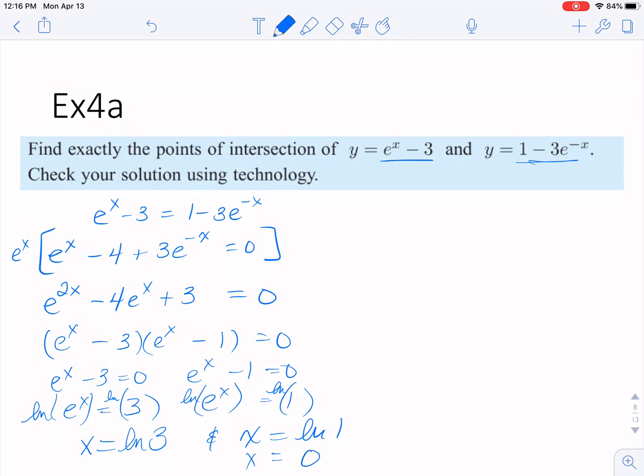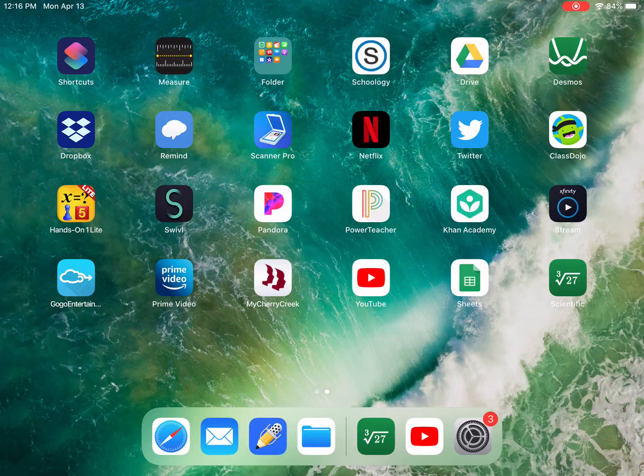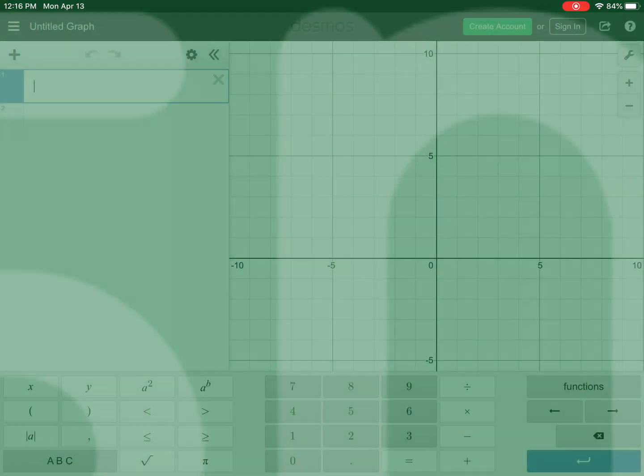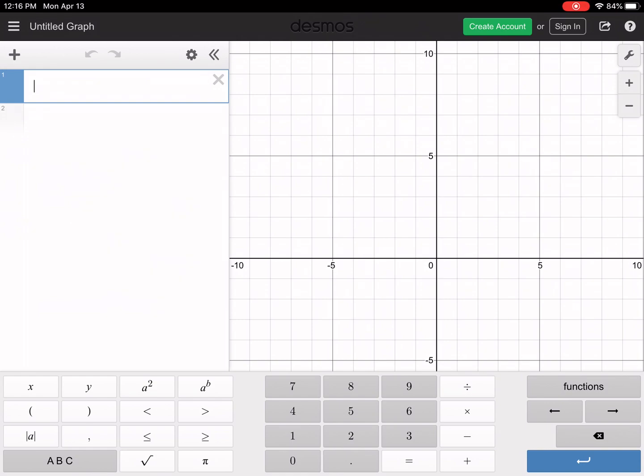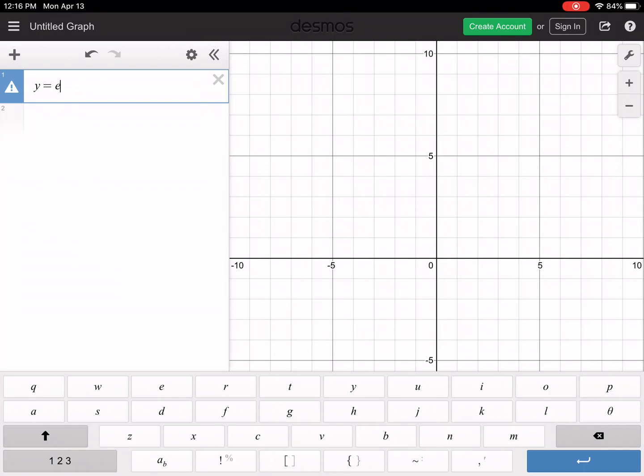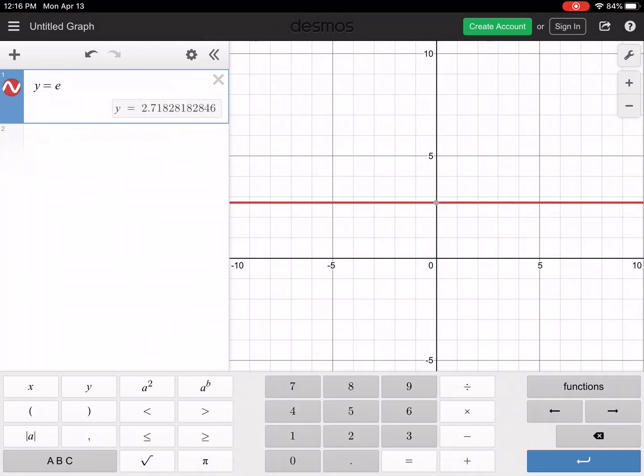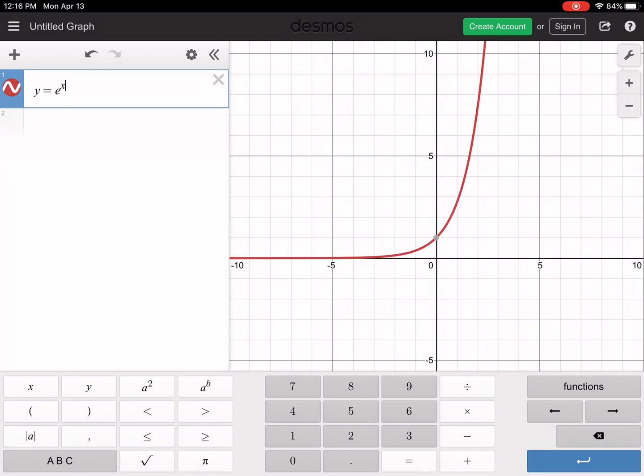Now, you could use your technology. You can go to your Desmos, just like I can. And you can still see it because I'm screen recording, which is really kind of cool. I can see my equation is the function e to the power of x minus 3.